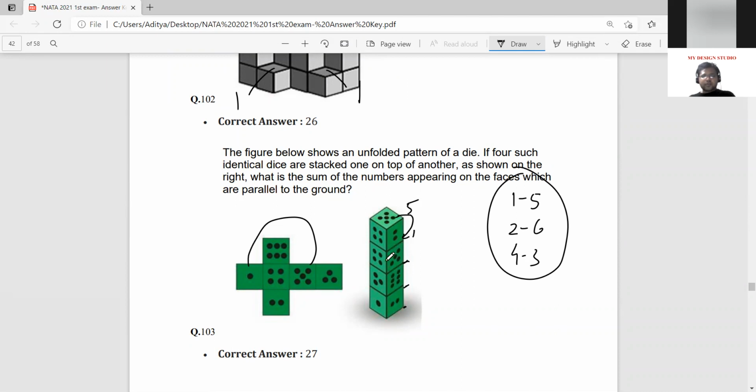Next diagram, what is the possibility? 2 is here, 5 is here, so 2 and 5 will not be there. 4, 3 will be there. So 4 is here, 3 is here. Now 3 and 6 can be seen, so definitely again we'll have 1, 5 here, which means 5 on the top, 1 at the bottom. And then the last one, I can see 1 and 2. That means 4 and 3 again will be there. So 2 times there is 1 and 5, and 2 times there is 4 and 3.